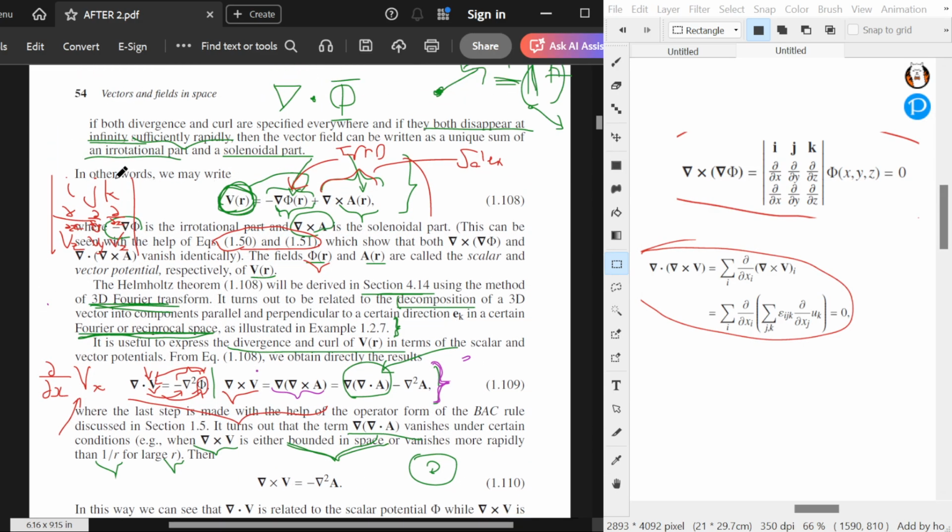In other words, we may write this, where this is the rotational part and this is the solenoidal part, and we would show that these two terms vanish identically.